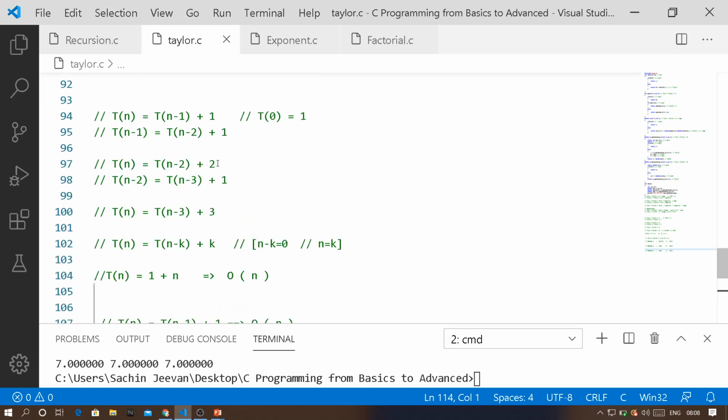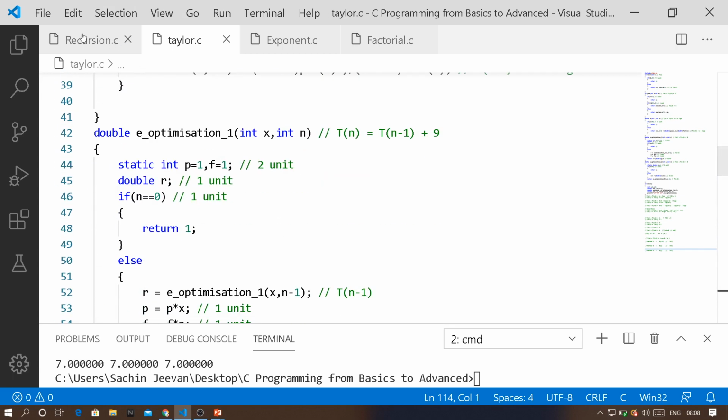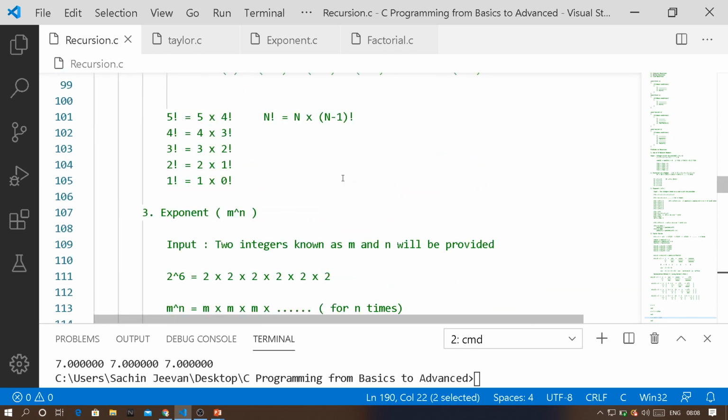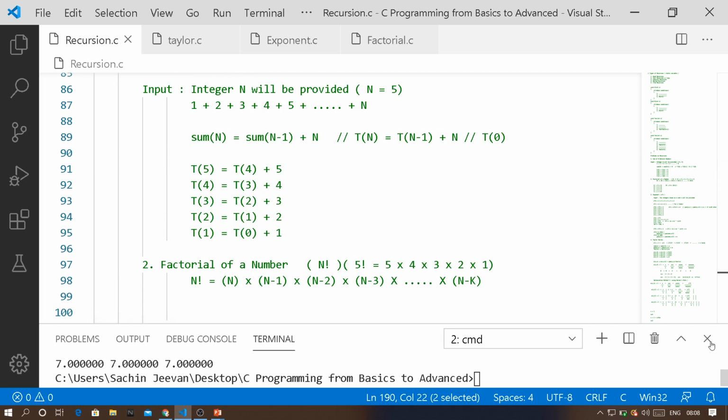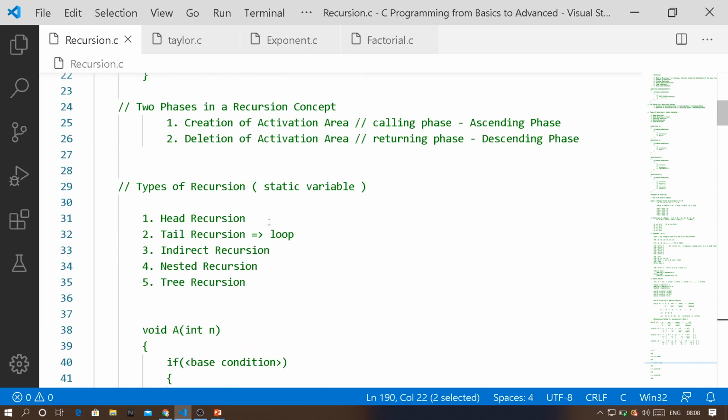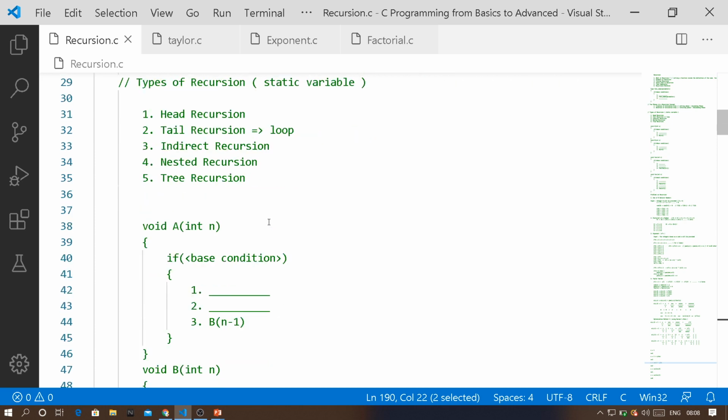So what we have done so far, we will just have an overview of what we have done in terms of recursion. In terms of recursion, we started with the types of recursion, wherein we had 5 recursive methodologies: head recursion, tail recursion, indirect recursion, nested recursion, and tree recursion.